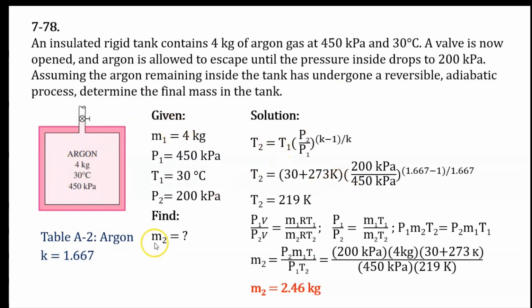Since the given values are sufficient for our equation, we can now plug them in. The final temperature is equal to the initial temperature, which is 30 plus 273 Kelvin, since we must express our temperature in Kelvin, multiplied by the quantity of the final pressure over the initial pressure, 200 kilopascals over 450 kilopascals, raised to 1.667, the specific heat ratio, minus 1, all over 1.667.